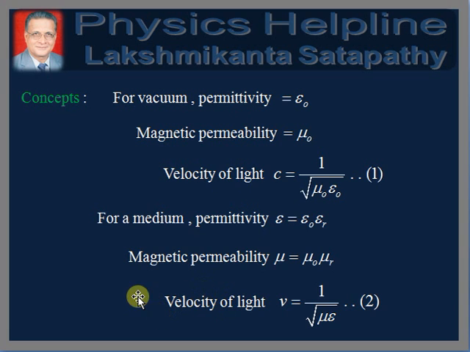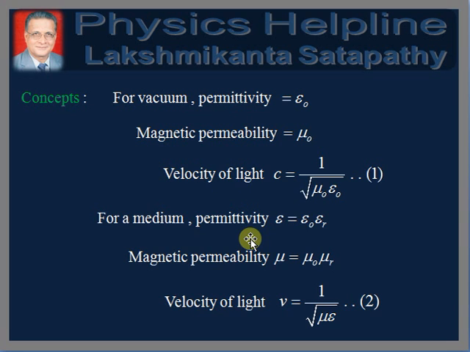Let us first understand the related concepts. For vacuum, the permittivity is equal to epsilon 0 and magnetic permeability is equal to mu 0. Therefore, velocity of light in vacuum is given by c is equal to 1 by root over mu 0 epsilon 0.